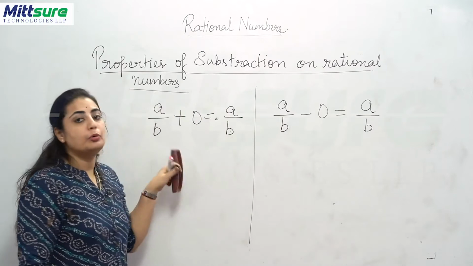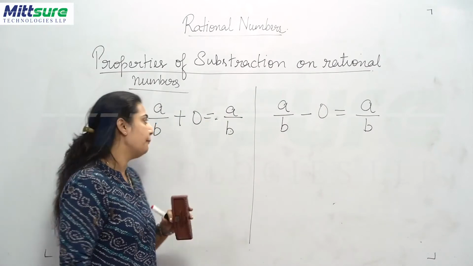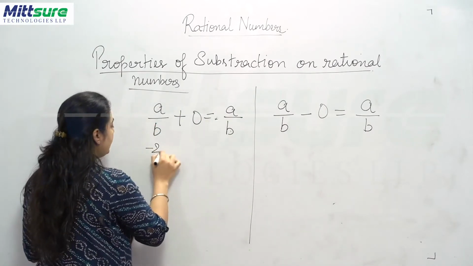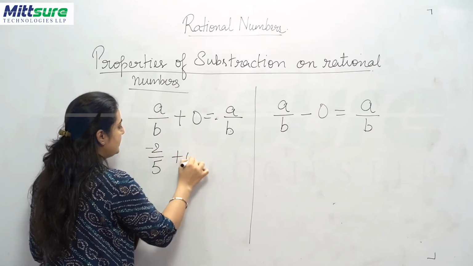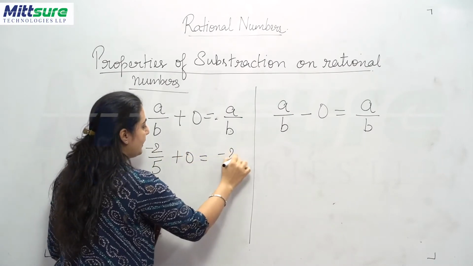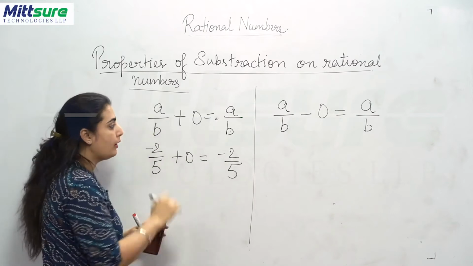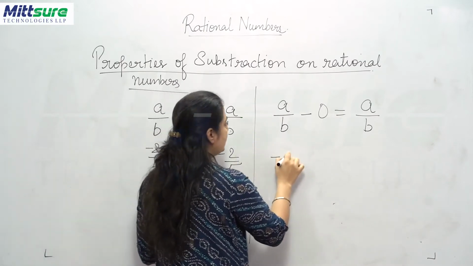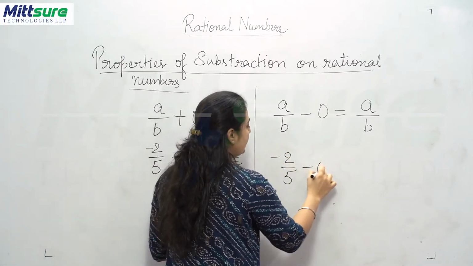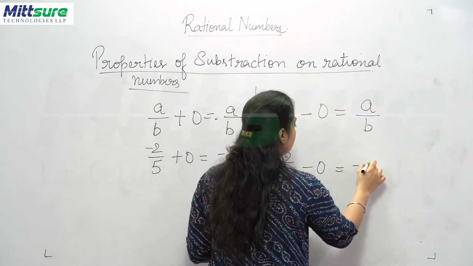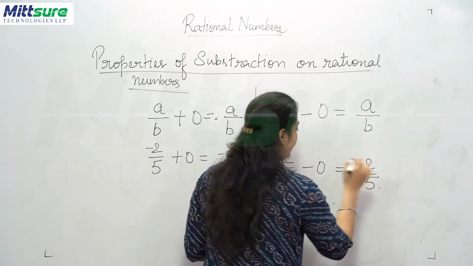Let us understand both conditions with one example. Suppose minus 2 upon 5 plus 0 will give you minus 2 upon 5. Here minus 2 upon 5 minus 0 will give you minus 2 upon 5.